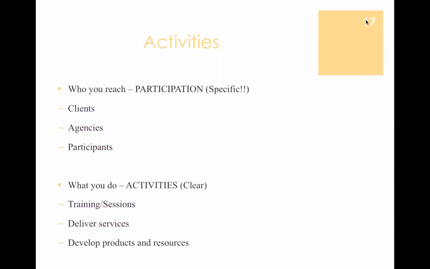When we're talking about the inputs, again, these are the resources you need to deliver your program, your ingredients, more or less. And we're talking about things such as staff, volunteers, money, materials, equipment, technology, partners. And you actually list these on the logic model, and you want to get specific. Again, think of this as a recipe. If you run a program, it's not sufficient to say staff.